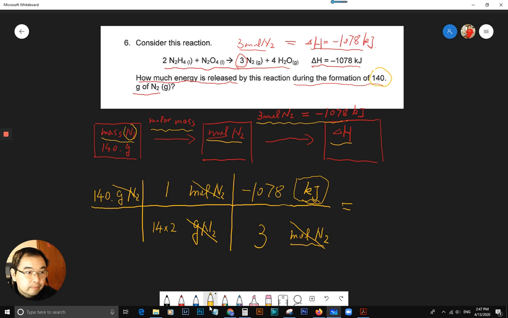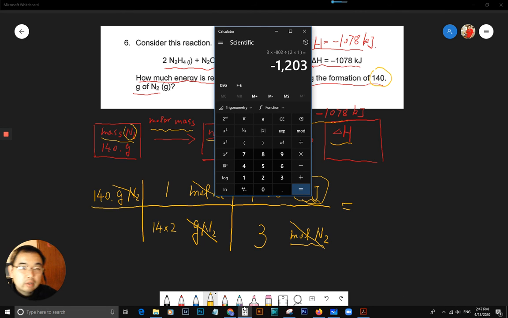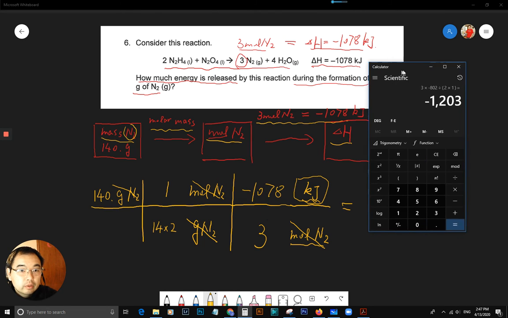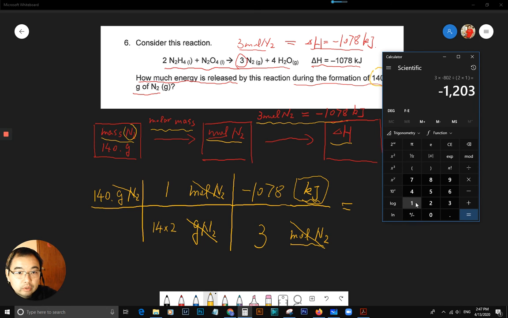This is heat. Okay, so then we put everything into the calculator. 140 times negative 1078, divided by parenthesis 14 times 2 times 3 parenthesis.